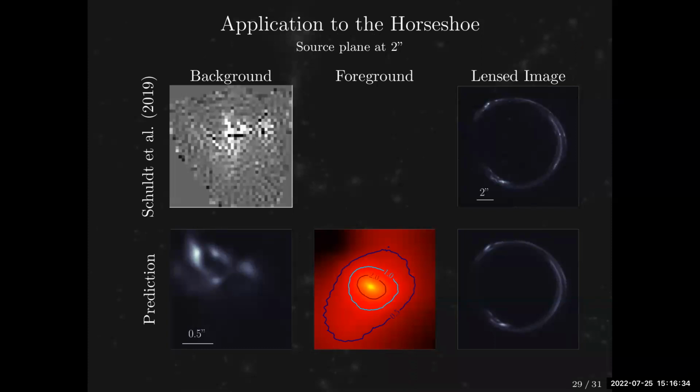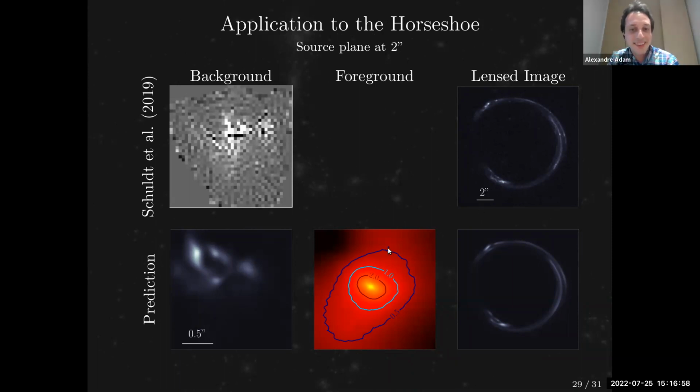Great. I see a hand from Xiaosheng Huang on Zoom. Please go ahead. Hi, very interesting talk. I have a quick question. There's another small arc. In the orientation that you're showing the horseshoe right now, to the left of the deflector. Have you tried to model that arc as well? Which one?